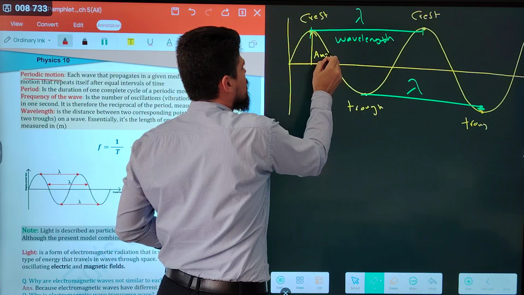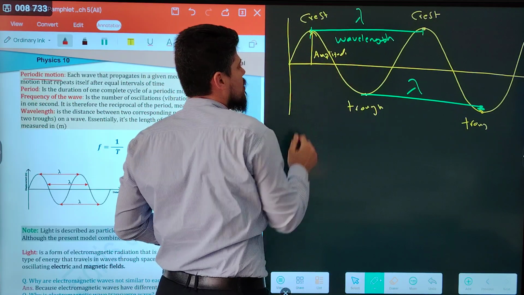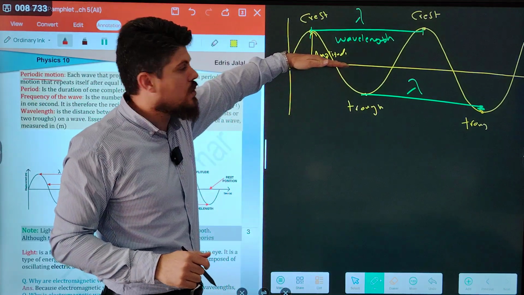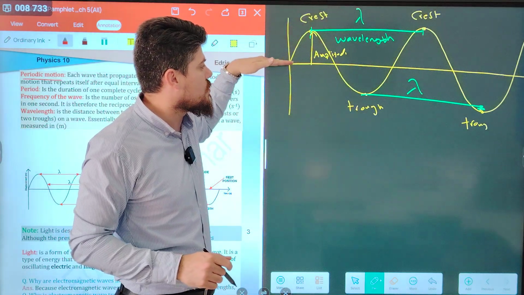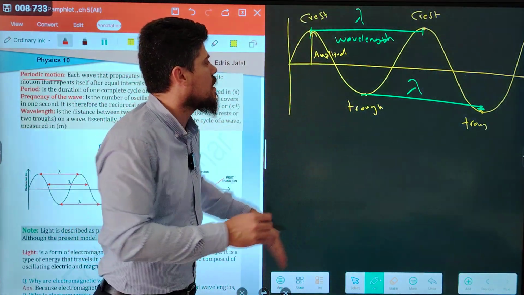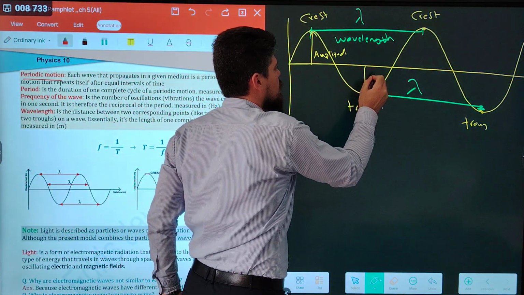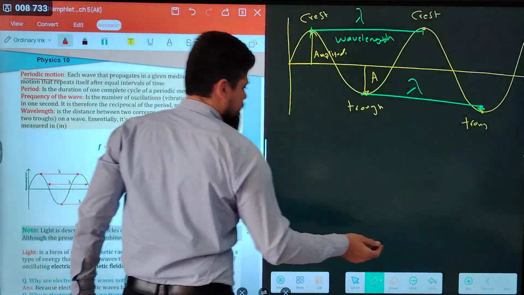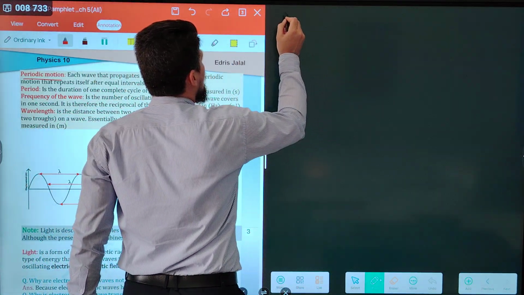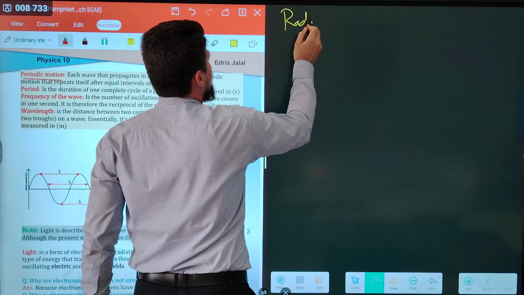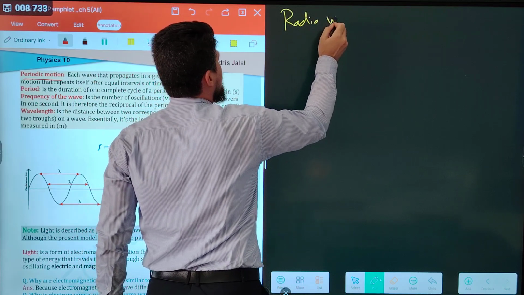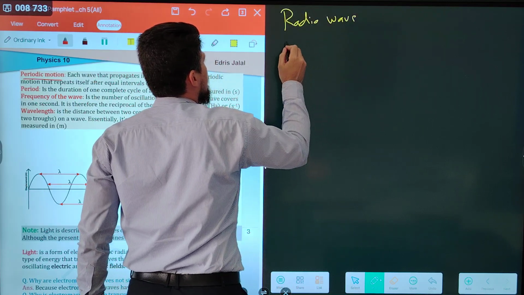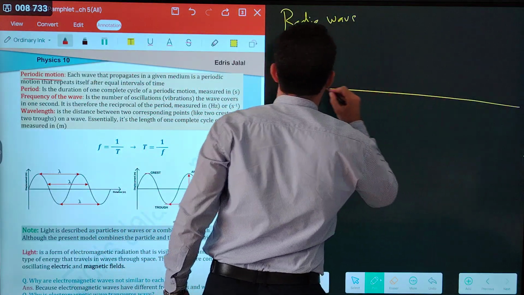This is amplitude. Okay? From the equilibrium line to the highest point or to the lowest point is called what? Amplitude. This is amplitude. Okay? Guys, the radio wave is a type of electromagnetic wave which has the longest wavelength.